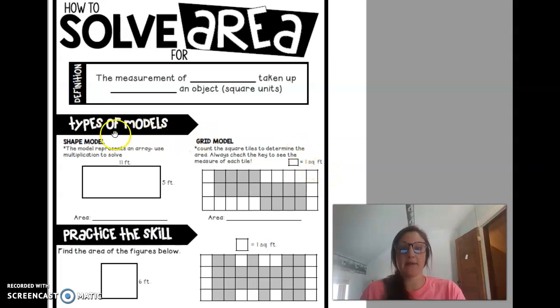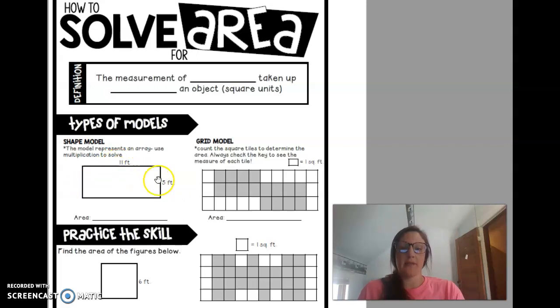Okay, so we're going to look at two types of models. We have the shape model and we have the grid model. The shape model represents an array used for multiplication to solve. So I could do 5 times 11, or I could actually draw an array. I could do 5 going down, 1, 2, 3, 4, 5, and then I could put 11 in each of those rows, and I could count them, but it's going to be faster for me to multiply 11 times 5.